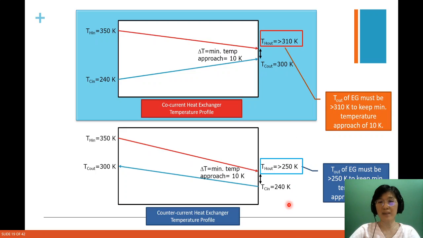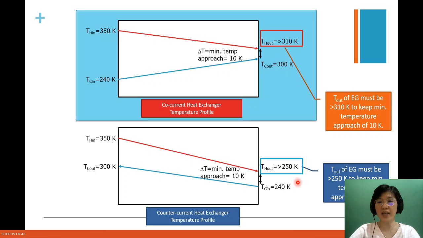The case at the bottom is for the countercurrent heat exchanger, and this is the temperature profile for the countercurrent heat exchanger. The minimum temperature approach here refers to the temperature difference between the outlet temperature of the hot stream and the inlet temperature of the cold stream, okay, for a countercurrent heat exchanger.